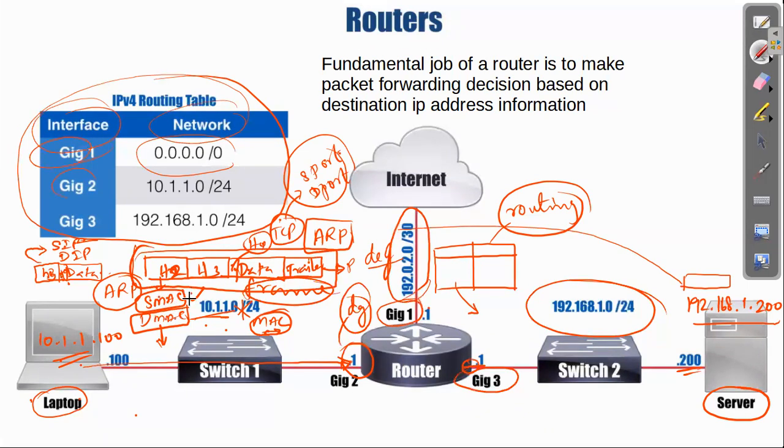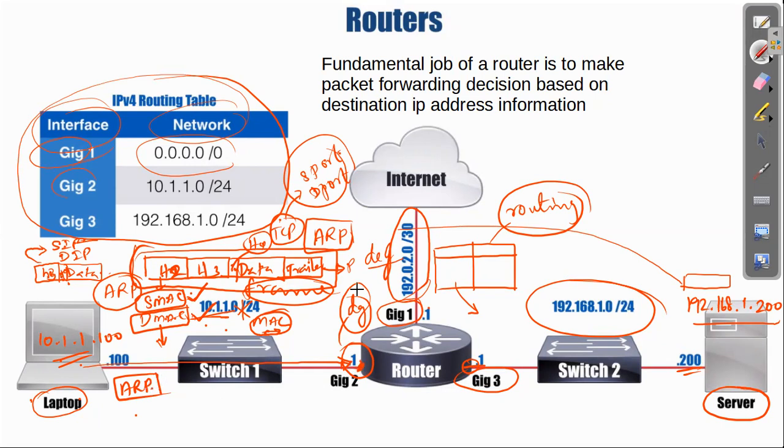The source MAC address is available, but the destination MAC address is not available. What will it do? It will send an ARP message to find this interface's MAC address.